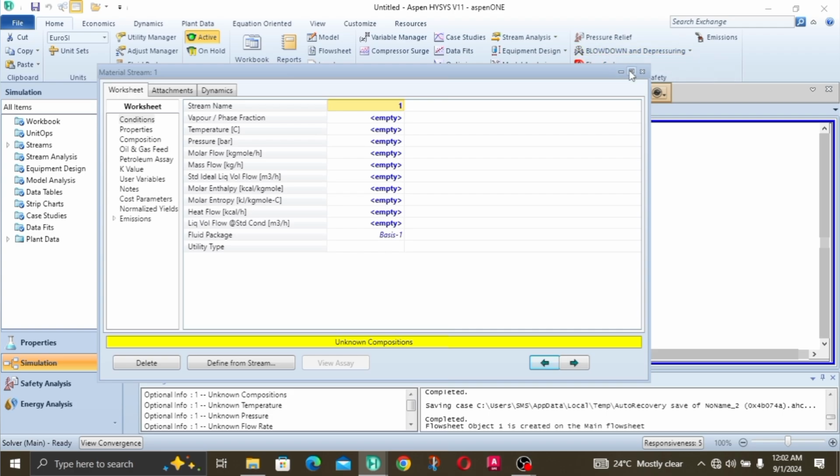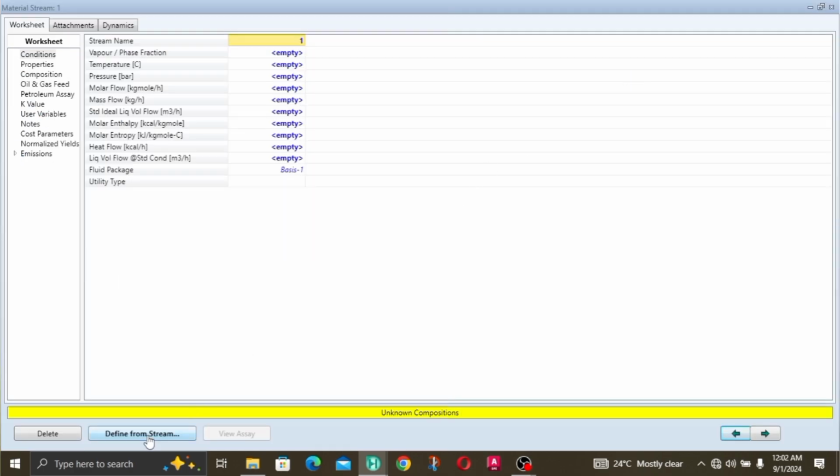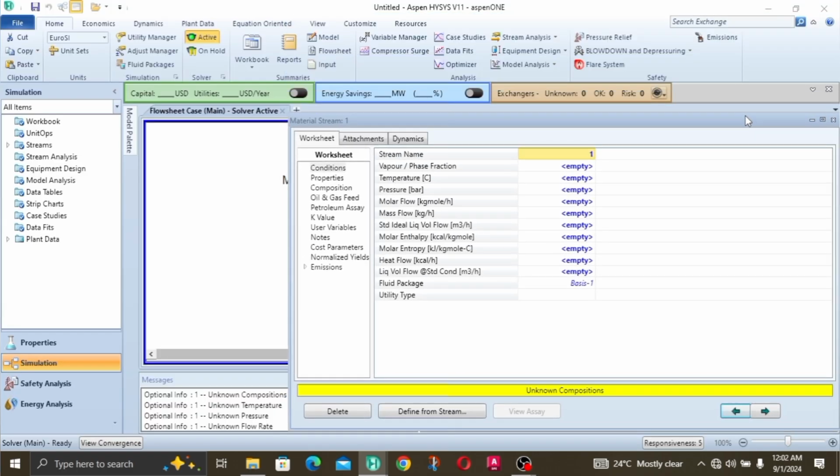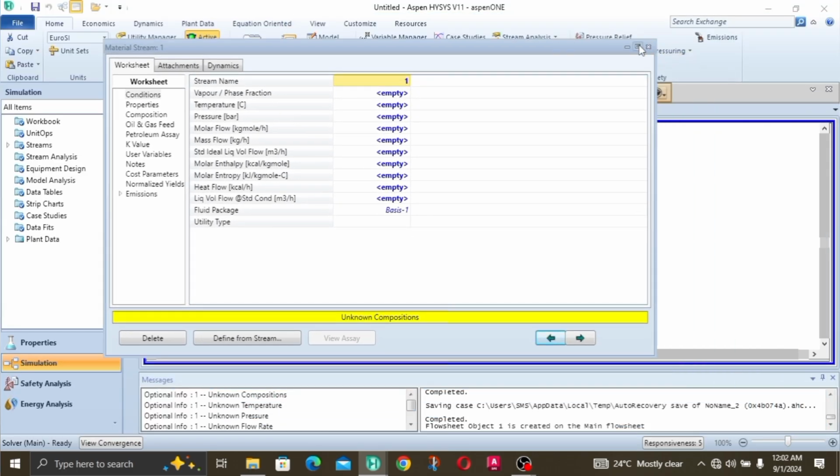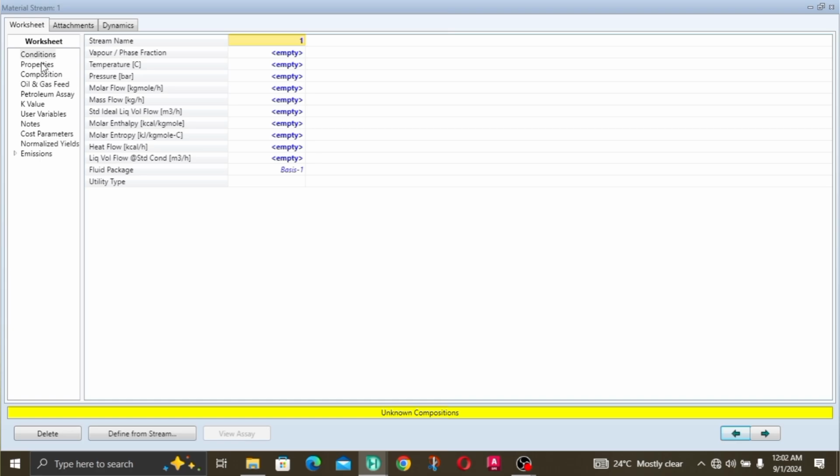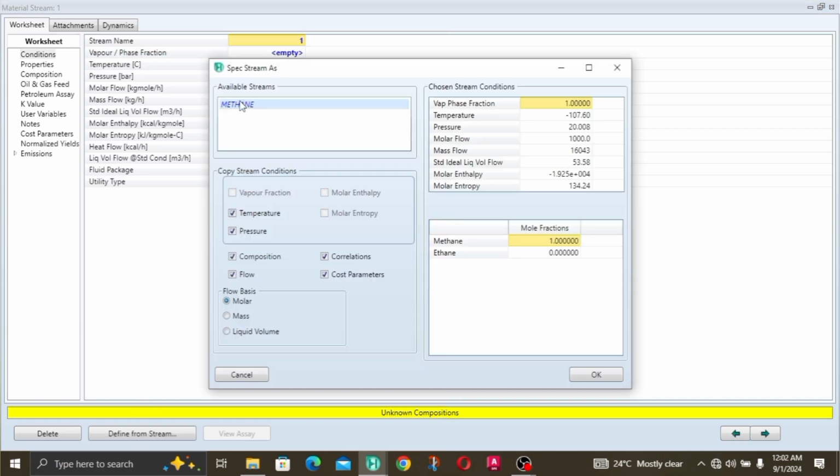So Aspen HYSYS has this very convenient feature: if I want to create a clone of this methane stream, instead of manually adding every single piece of data from the composition to the conditions, I could just define the stream, basically carrying the data of the stream I want to copy, the methane stream that we created earlier.